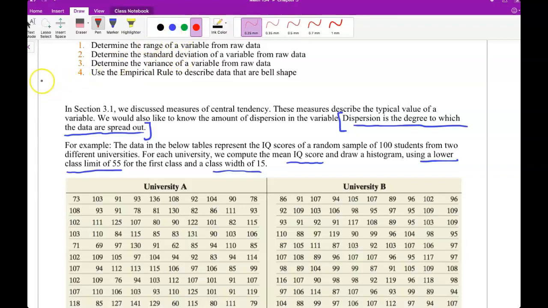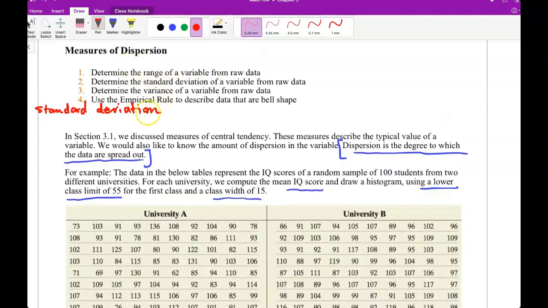So standard deviation is a measure of the amount of variation or dispersion. Here we work on dispersion, that's why I used the standard deviation to find it and compare these two universities.